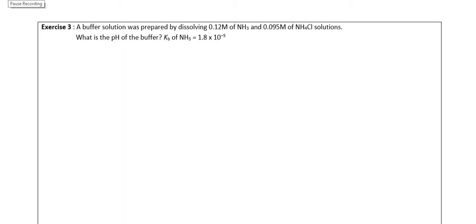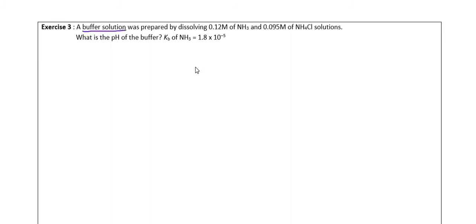We continue with exercise 3. A buffer solution was prepared by dissolving 0.12 molar of ammonia and 0.095 molar of ammonium chloride. What is the pH of the buffer? Kb given for ammonia is 1.8 exponent negative 5. For this case, you have no need to check whether the solution is a buffer or not, because it is already stated that this is a buffer solution.